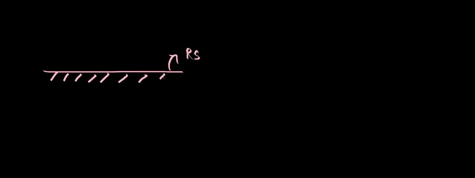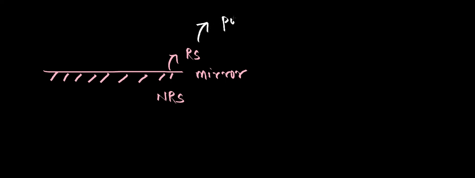Okay, now this is your object, which means the mirror. This side is your reflecting side (RS), and this is your non-reflecting side (NRS). Generally, if you take the reflecting side, there are certain things you need to understand.